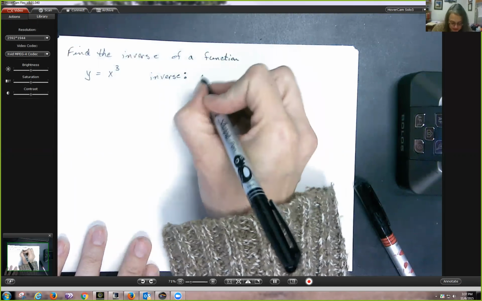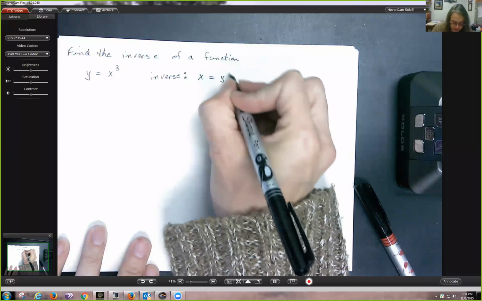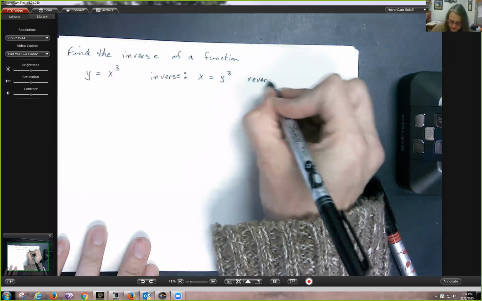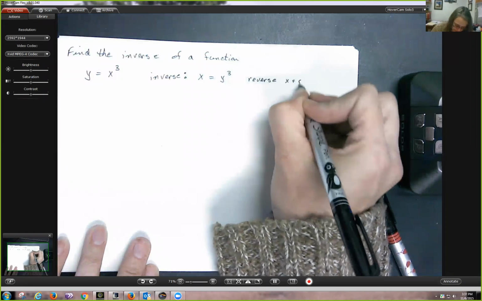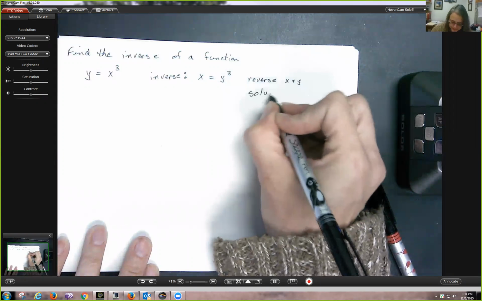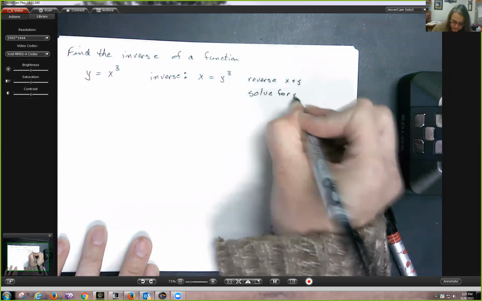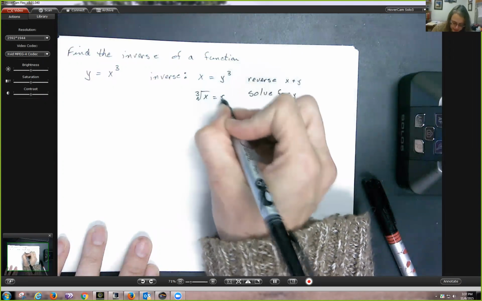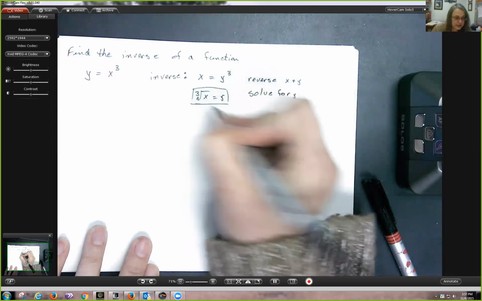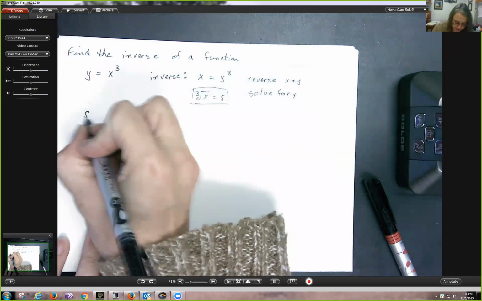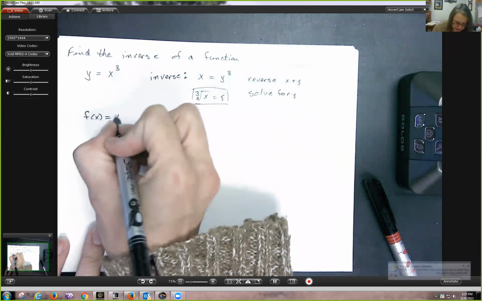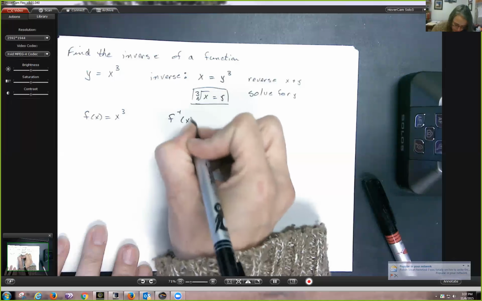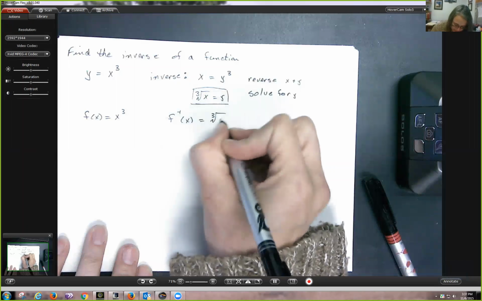So write x equals y to the third. And then solve that for y. And you will get cube root x equals y. This is the inverse function. So if your function is f of x equals x to the third power, your inverse function is cube root of x.